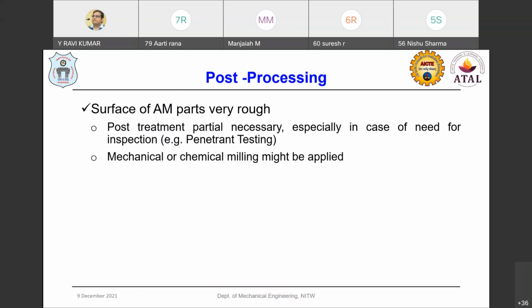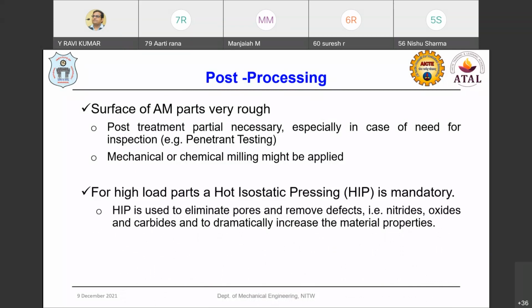Mechanical or chemical milling methods are also applied. Wherever high load carrying capacity is needed, hot isostatic pressing is mandatory to eliminate pores or remove defects such as nitrides, oxides or carbides, and to dramatically increase the material's mechanical properties. Even though it is a costly and expensive process, we need to go for this, especially for metal AM parts.